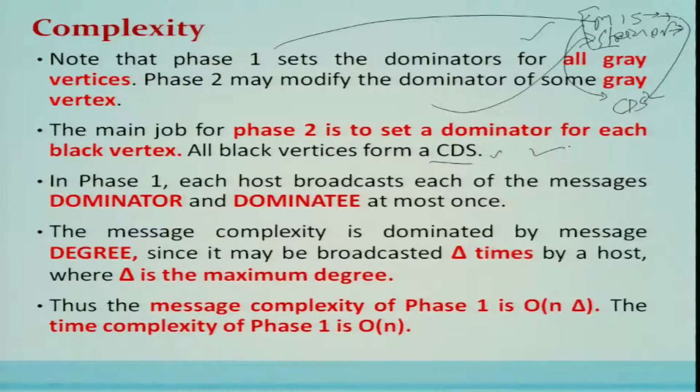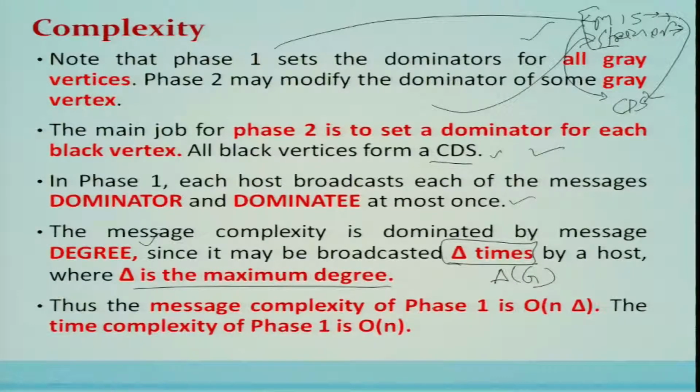In phase 1 each host broadcasts each of the messages, dominator and dominatee, at most once, that we have seen. So the message complexity is dominated by the degree, because degree means they are sending to their neighbors. Since each host has broadcast at most big delta times, where big delta is the maximum degree of a graph. This is the property of a graph.